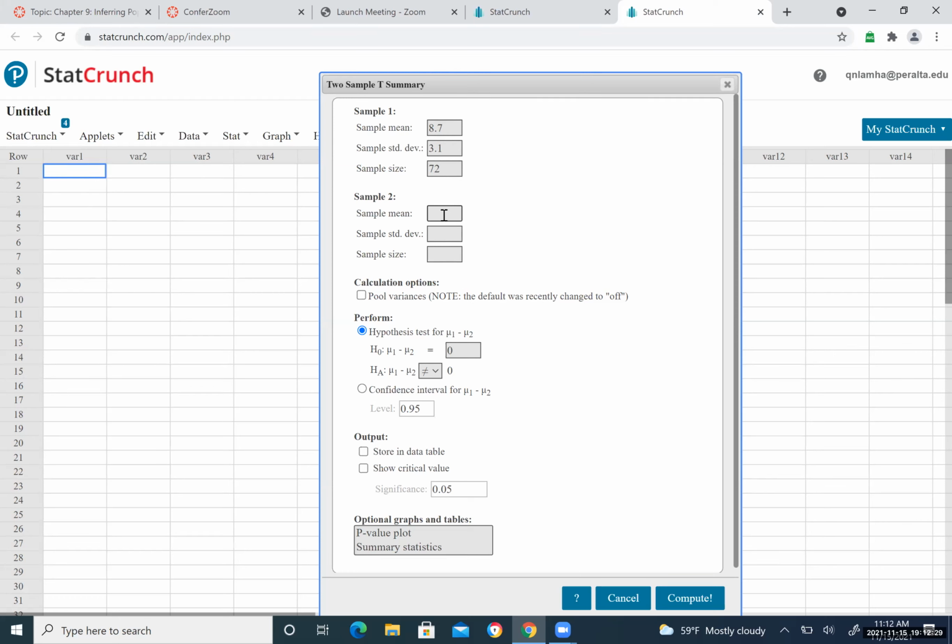We got 5.9 for the sample mean, the sample standard deviation for this is 3.7, and the sample size for this is 68. Hypothesis test, you leave it there, but here is what's important. Greater than, less than, or not equal to, you click not equal to. Then now you've done everything.